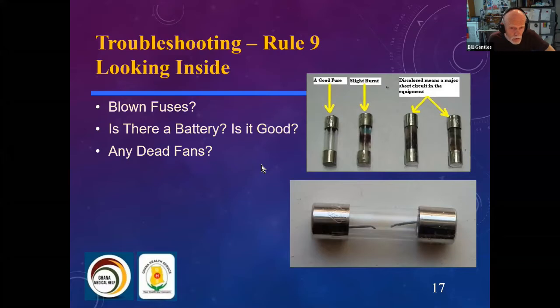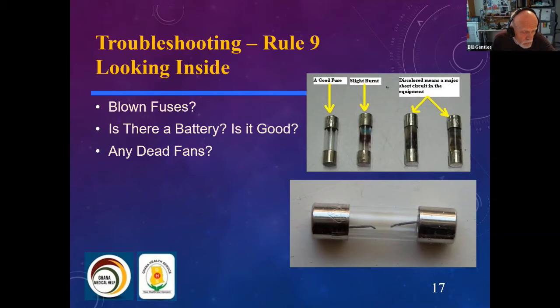A typical failure point is the fuse. Are there blown fuses? You can often, but not always, see a blown fuse because sometimes it's a very tiny filament that's hard to see, so you may need to check it with your multimeter. Is there an internal battery? Is it good?